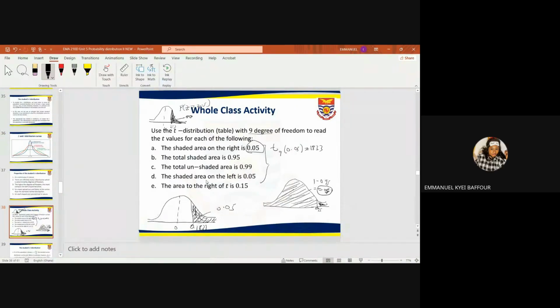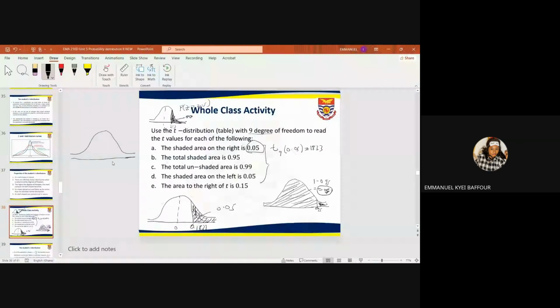And then part C is asking us to look at the t value that corresponds to the total unshaded area being 0.99. So how do we calculate for that? We have this as our distribution.